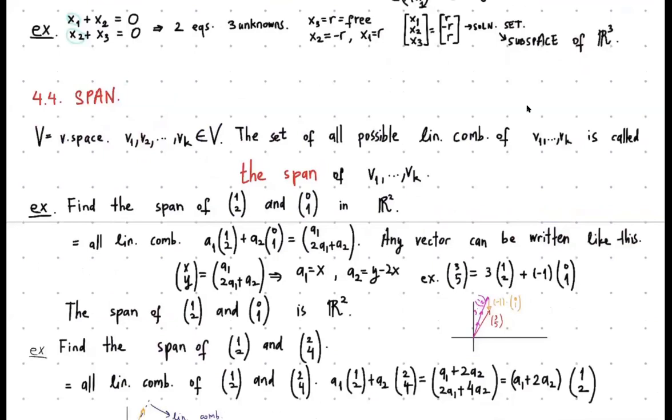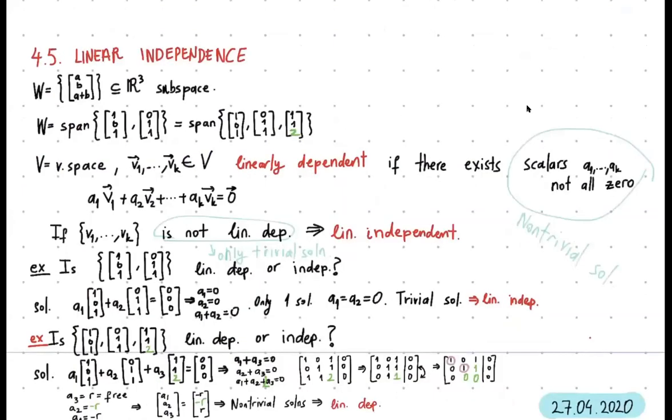And the formal definition goes like this. So if you want to check whether these vectors are linearly dependent or not, then you form this linear combination, and then you try to solve for these scalars, a1 to ak, okay?